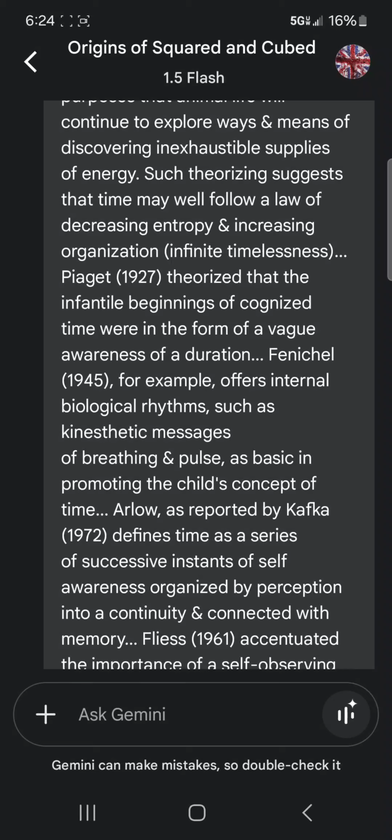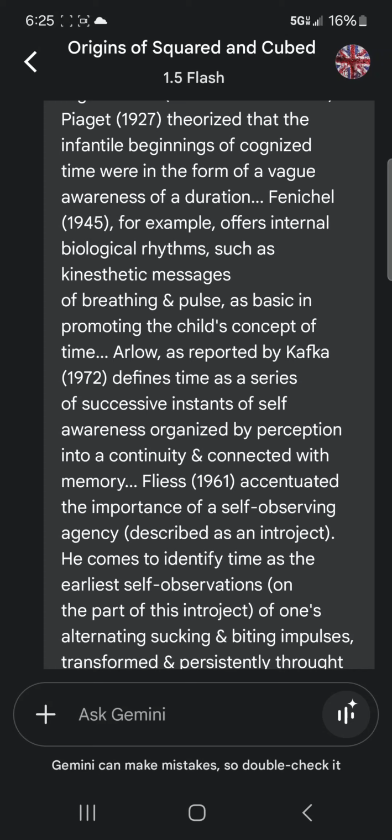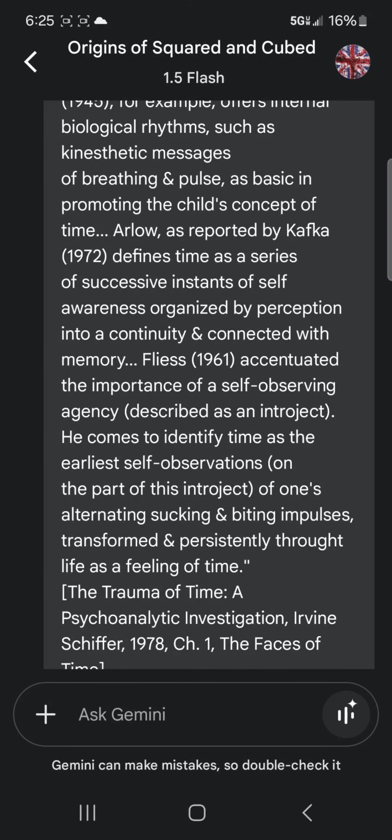Piaget, 1927, theorized that the infantile beginnings of cognized time were in the form of a vague awareness of a duration. Fenichel, 1945, for example, offers internal biological rhythms such as kinesthetic messages of breathing and pulse as basic in promoting the child's concept of time.